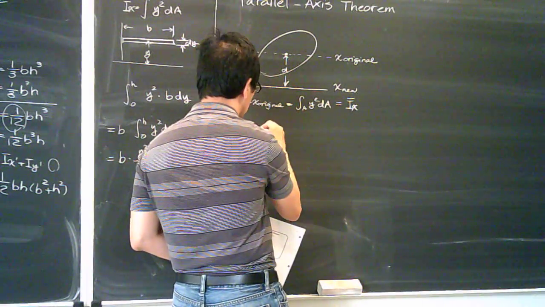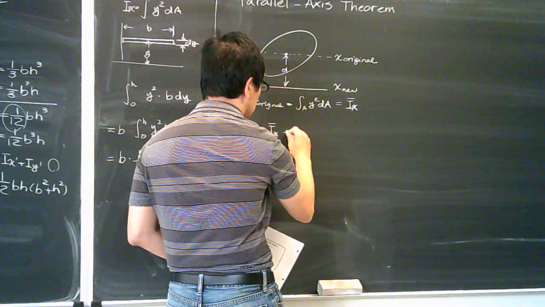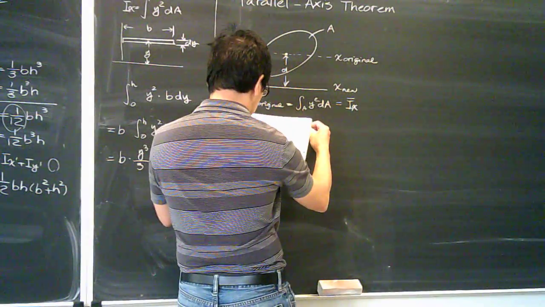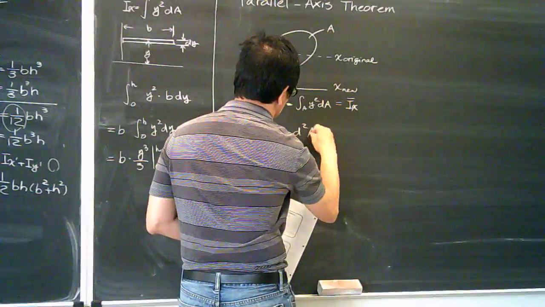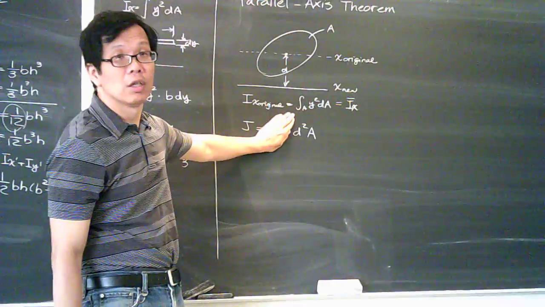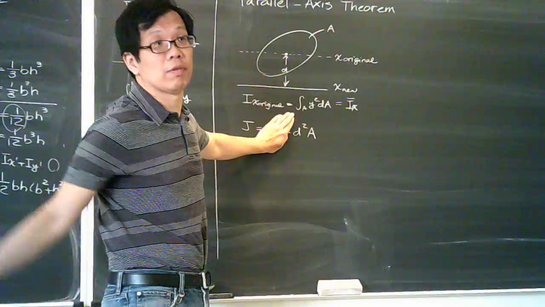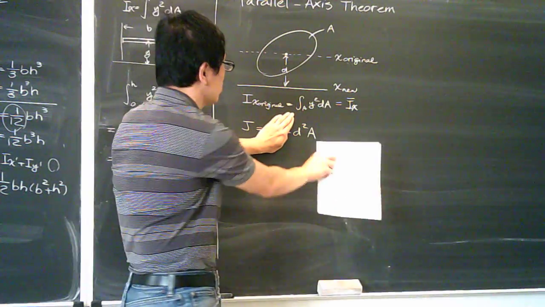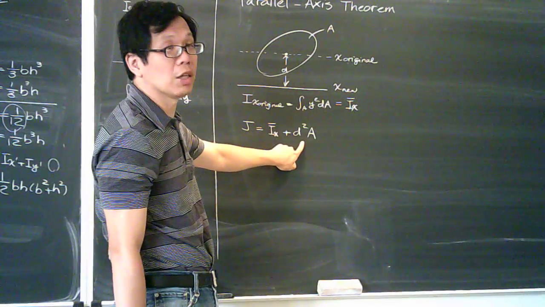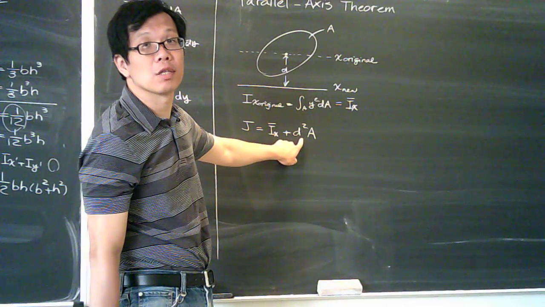The new moment of inertia is the original one, I x bar, plus, if the area is A, d squared A. What is this part telling you? It's the moment of inertia by definition. But when we consider this part, it's a point area, right? We just represent everything as a point. But this time, where is this point located?